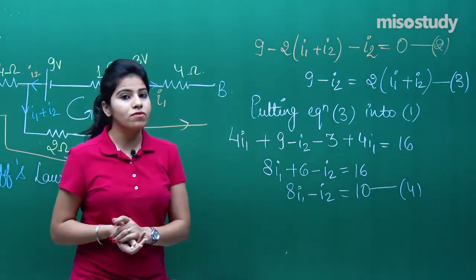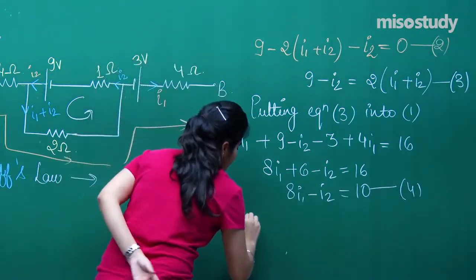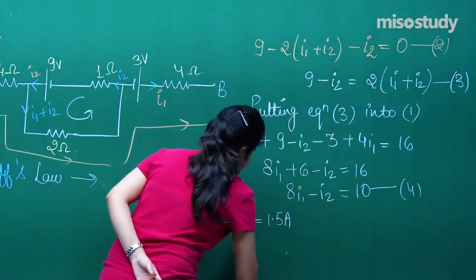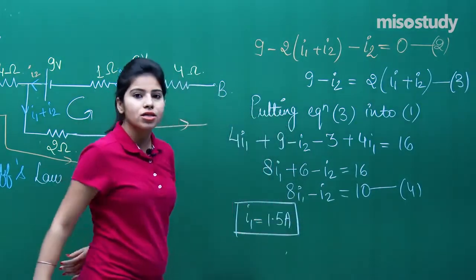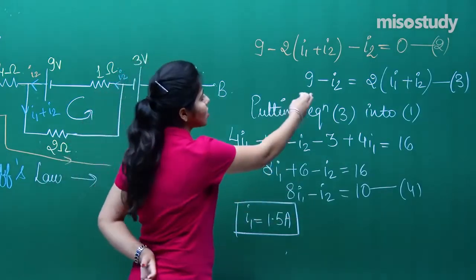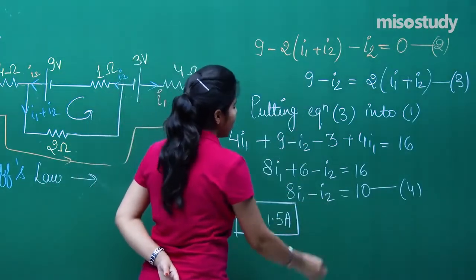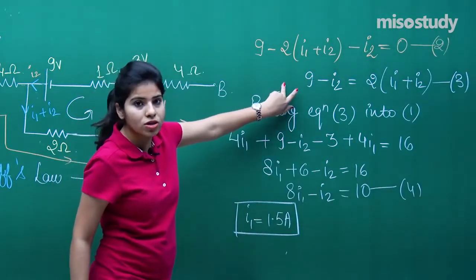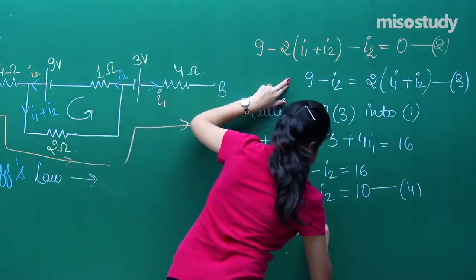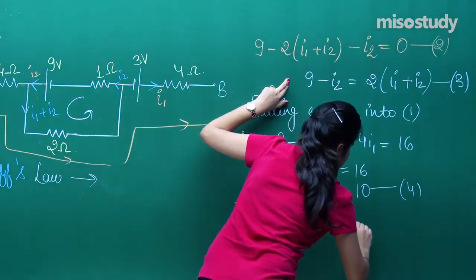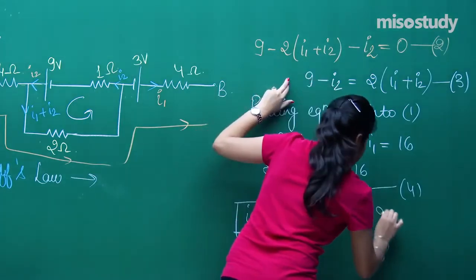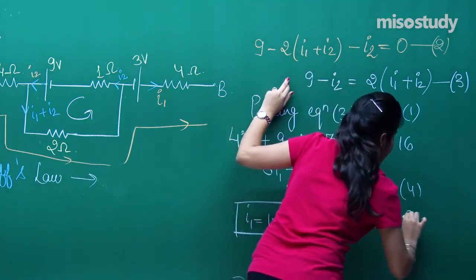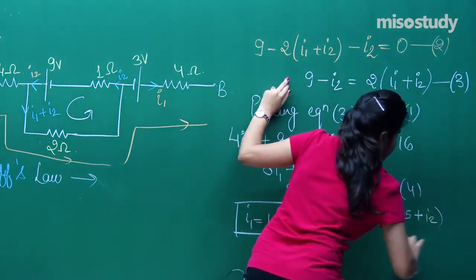When you solve these two equations, you will see that your I1 comes out to be 1.5 ampere. By putting this I1 equals 1.5 ampere into this equation, I'll be left with 9 minus I2 equals 2 into I1 plus I2, that means 1.5 plus I2.